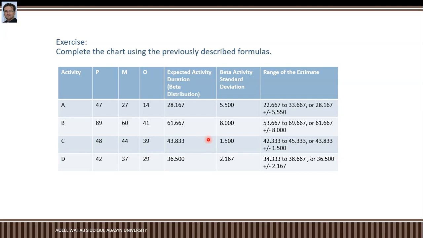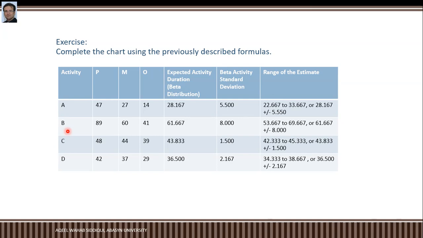The answer is B. It has the widest range and the highest standard deviation and is therefore likely to have the greatest risk. These calculations are based on pessimistic, optimistic and most likely estimates for an activity.